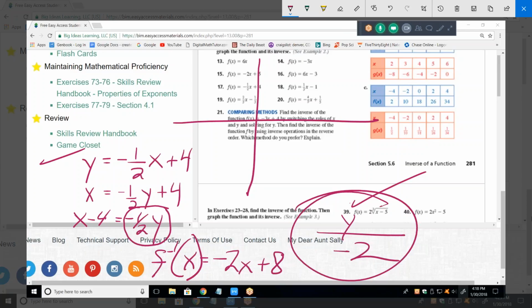Okay, so it's 4 then. And then down to right 1. It's rise over 1. Down 1, right 2. Okay.